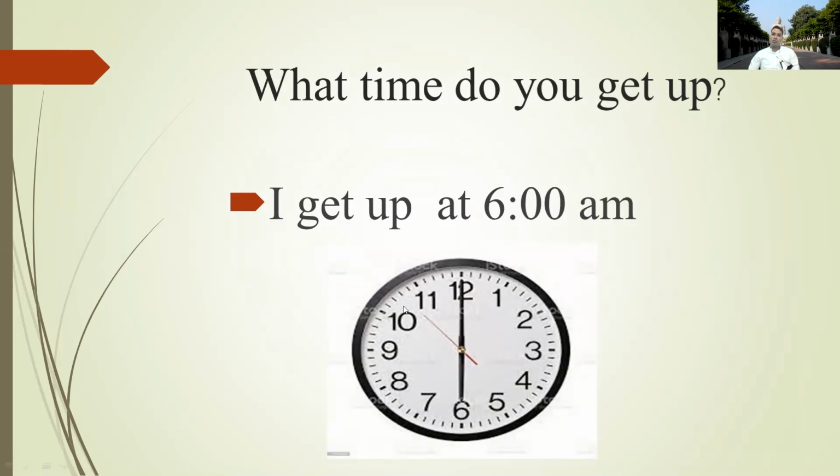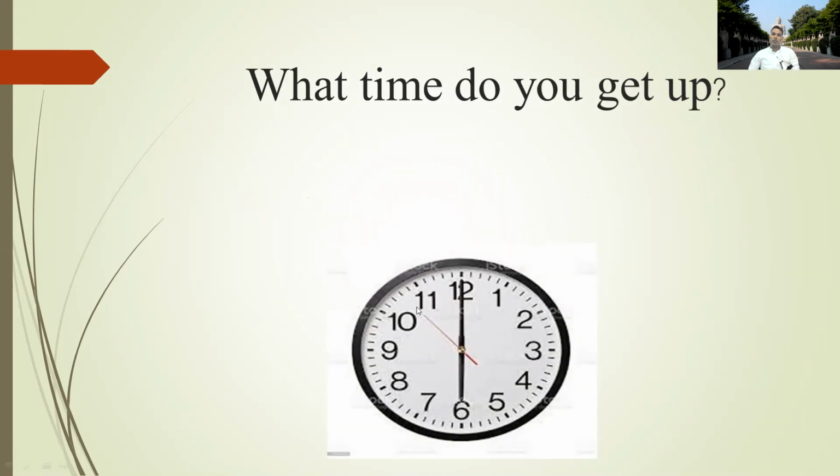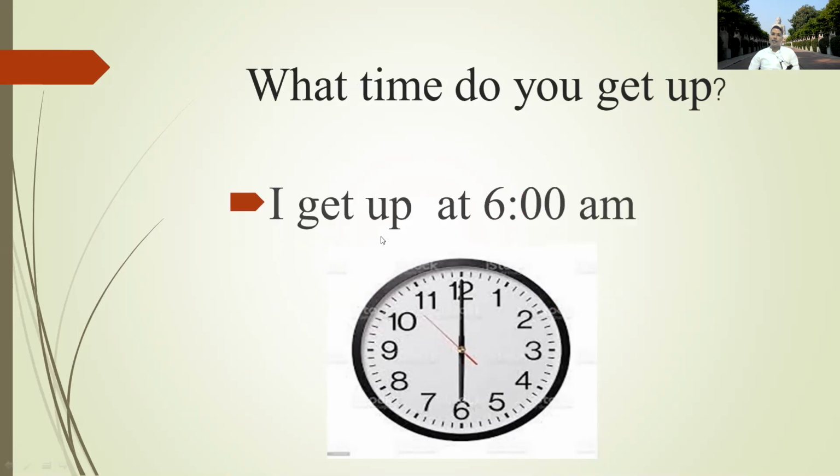So have the showing the time by clock. When somebody asks what time do you get up, you can say I get up at 6 a.m. Because have the showing the time 6 a.m., morning, get up from the bed and wake up. It's a different meaning, I will teach in another video. Okay, so what time do you get up? I get up at 6 a.m.